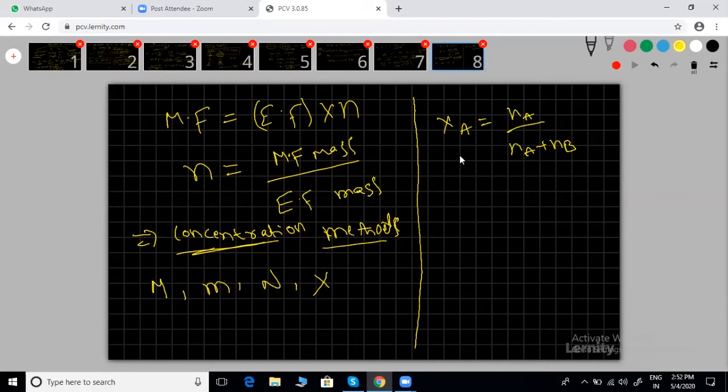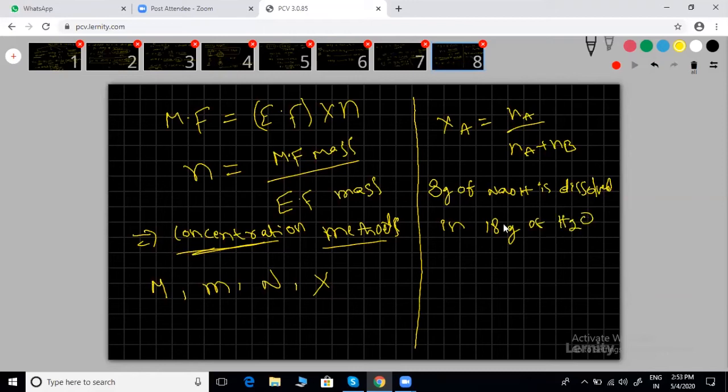Question is here. Try to solve this question now. 8 grams of NaOH is dissolved in 18 grams of H2O.